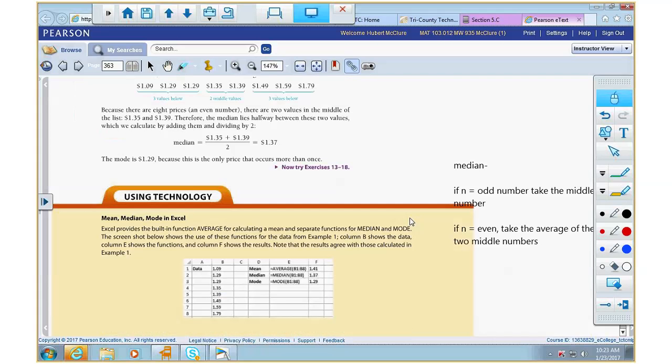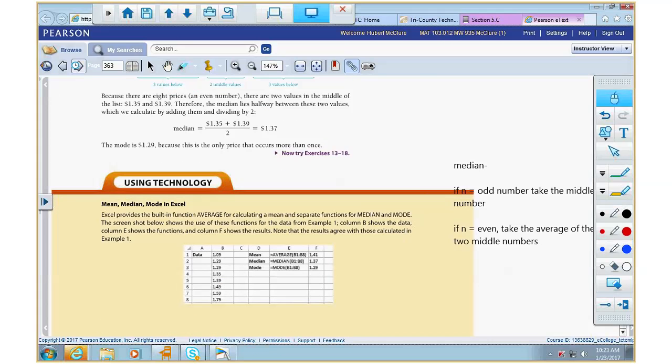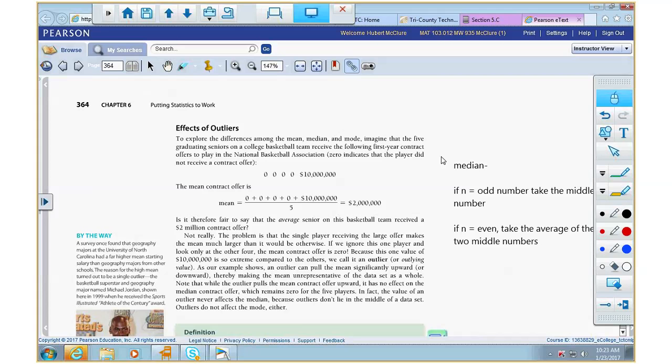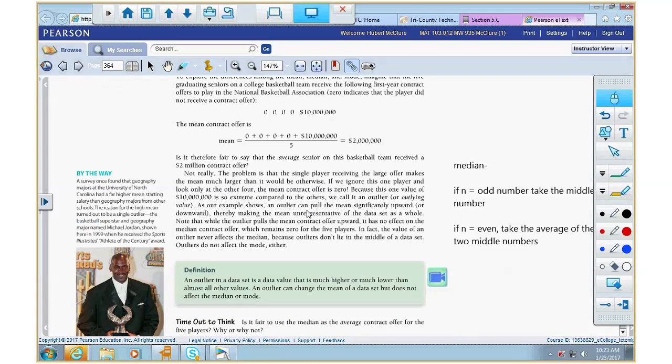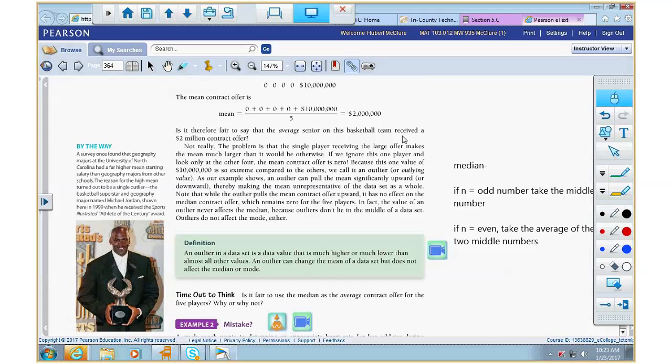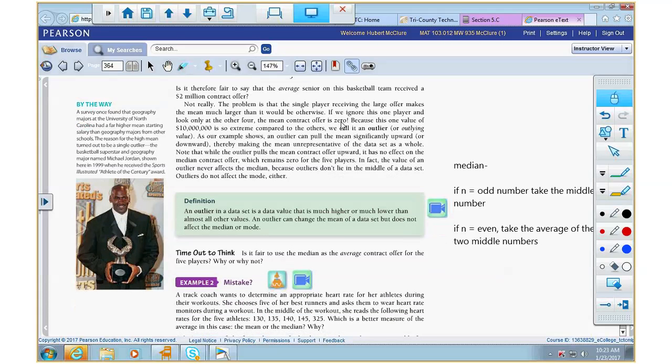I'm going to give you all the things first, and then after that we'll get into outliers after we do the empirical rule. An outlier is your 300-pound second grader or your 6-foot second grader. Okay?